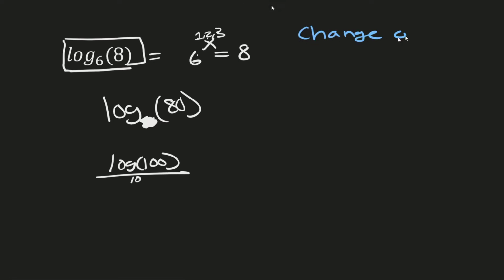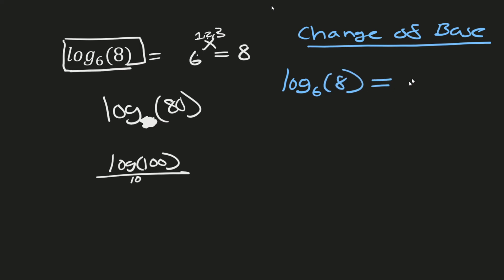So, change of base. What this does is exactly what it tells you in the title. It changes the base. So this log base 6 of 8, we will apply the change of base formula and write this instead: log base 10, I'll write it here just because I want you to get the point, but we typically don't write 10 if the base is 10, of this number inside, 8, divided by log base 10 of what used to be the base.